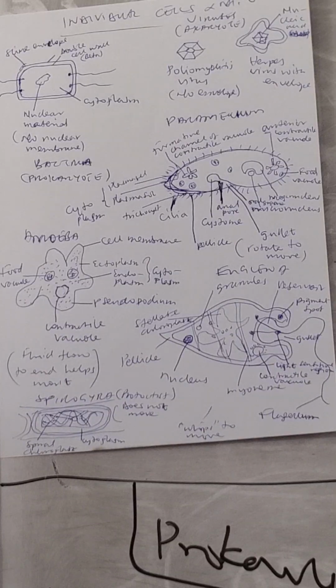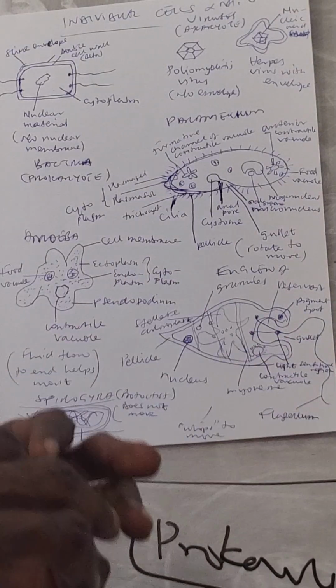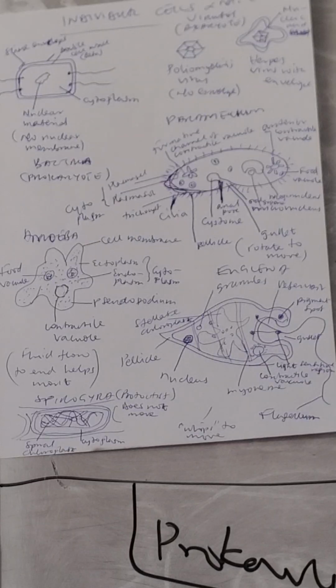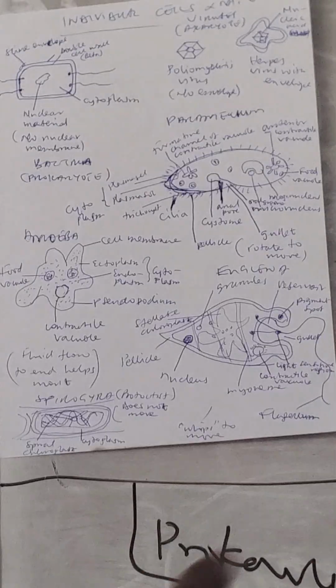It also undergoes photosynthesis. Okay, so this usually will fall under a group like the protista and so on. So they are able to move. They are able to behave like plants. They are able to behave like, what do you call it? Animals. So those in between plants and animals usually will fall under protista.